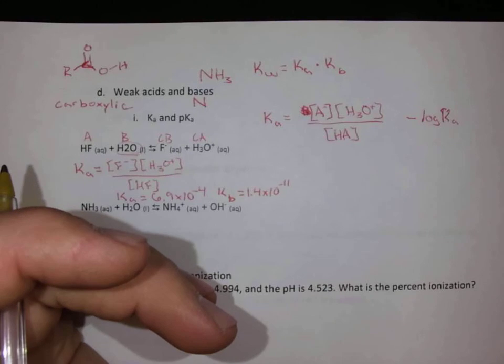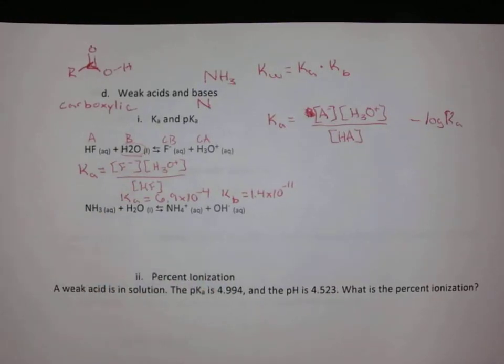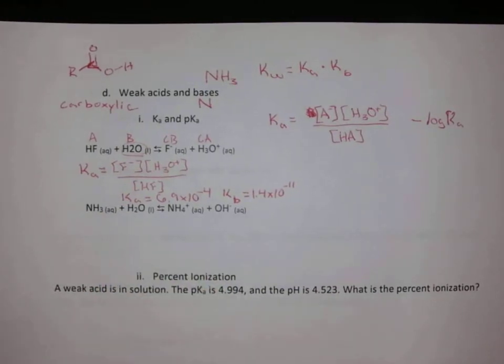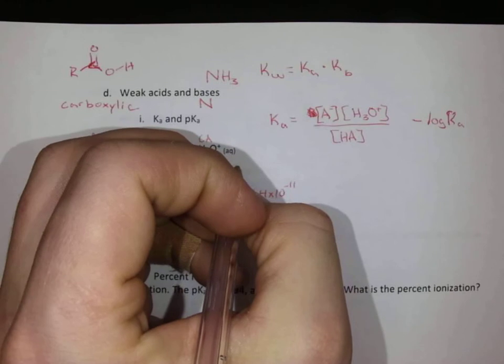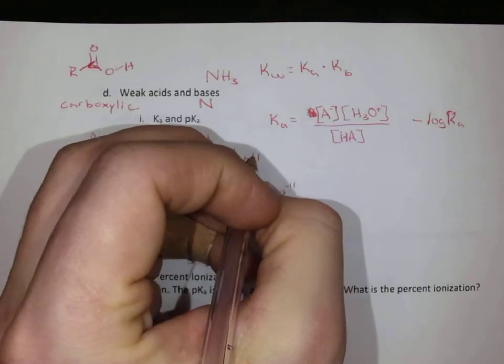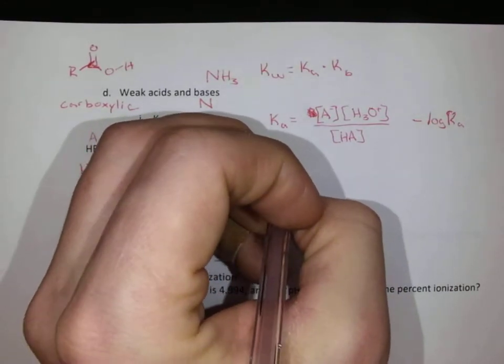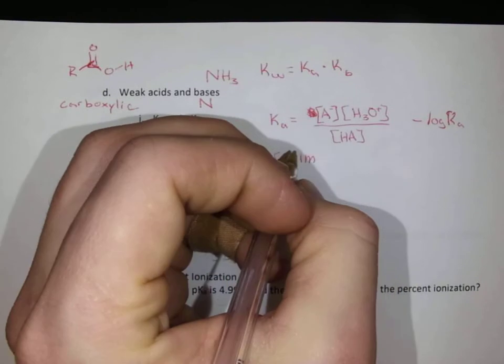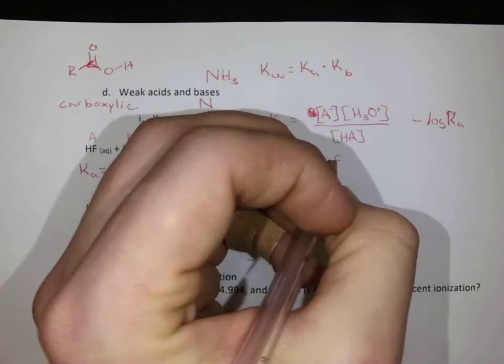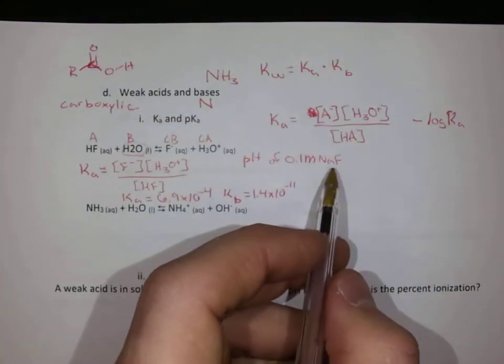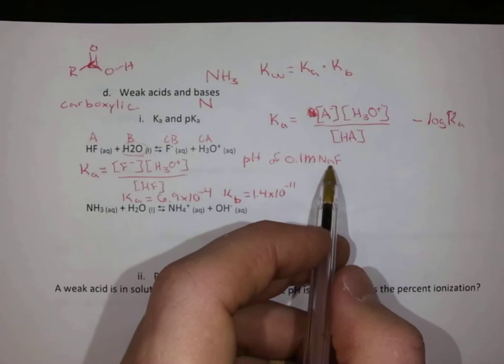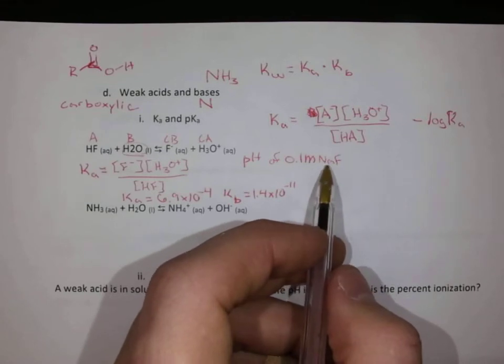All right, so now we have a question, something like this, right? What is the pH of 0.1 molar NaF, right? This would be an ionic solid that we could toss in. NaF is a sodium salt, so it's going to be totally soluble.